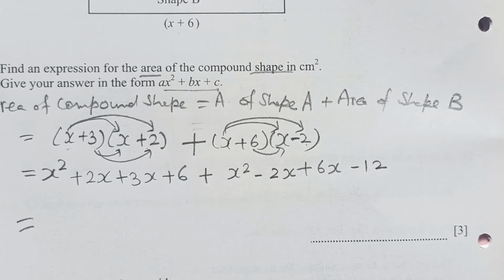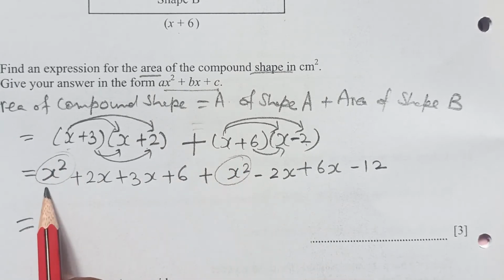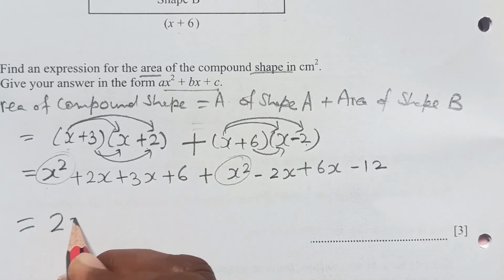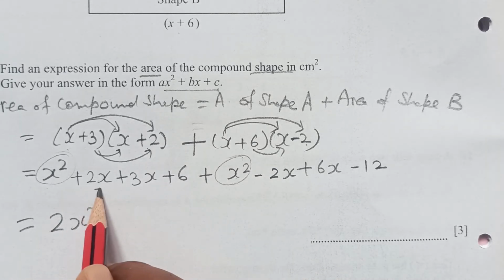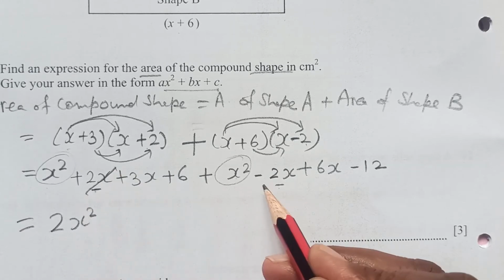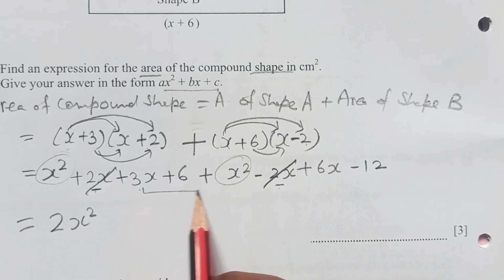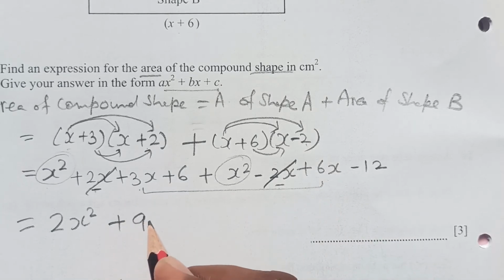Now we are going to combine the like terms. For like terms we have x squared here, x squared here. x squared plus x squared is 2x squared. Now 2x here, 2x here. This is negative, 2 minus 2 is 0. We can just cancel that. So 3x plus 6x, it is 9x, right?